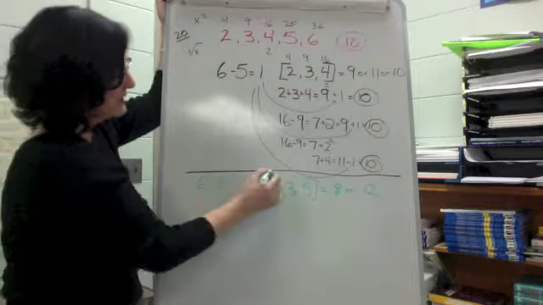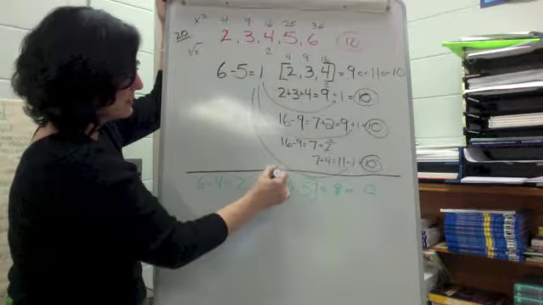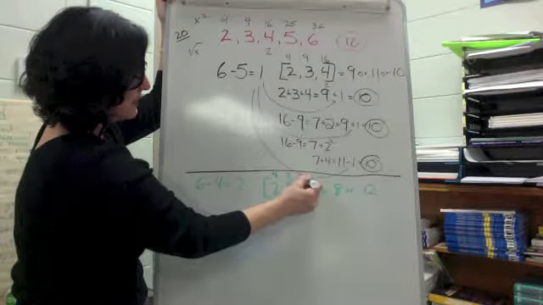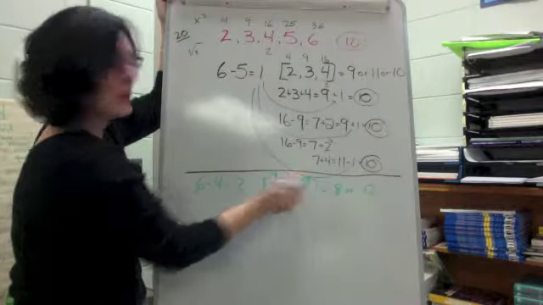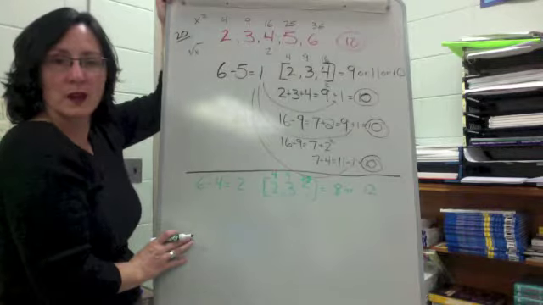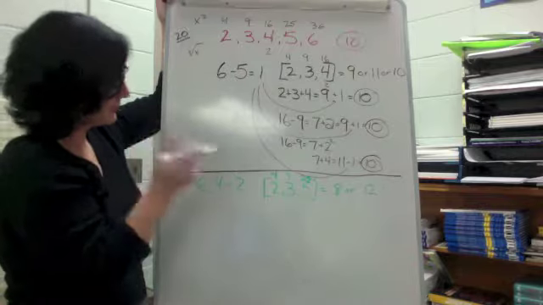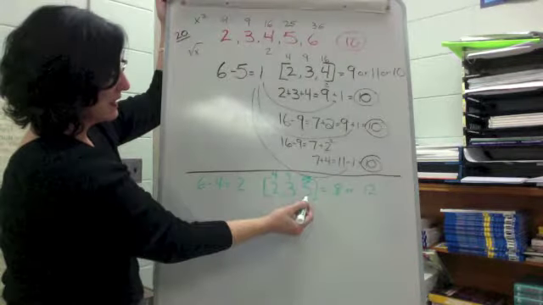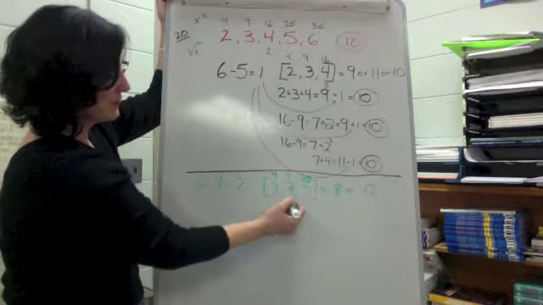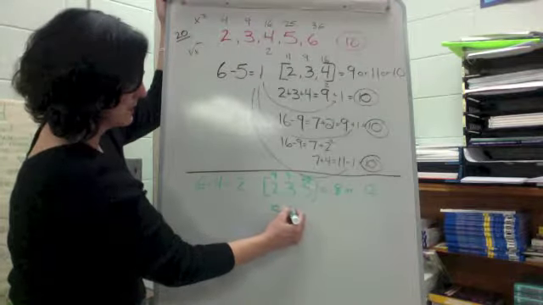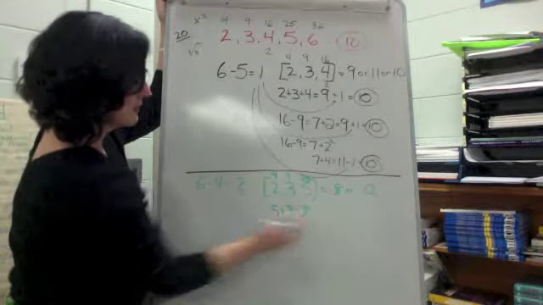Let's see. What if I did it with my squares? I had a 4 and a 9 and a 25. So I put those above it. Okay, and because I've been doing this a long time, I quickly see it. If I add the 5 and the 3, 5 plus 3 is 8.